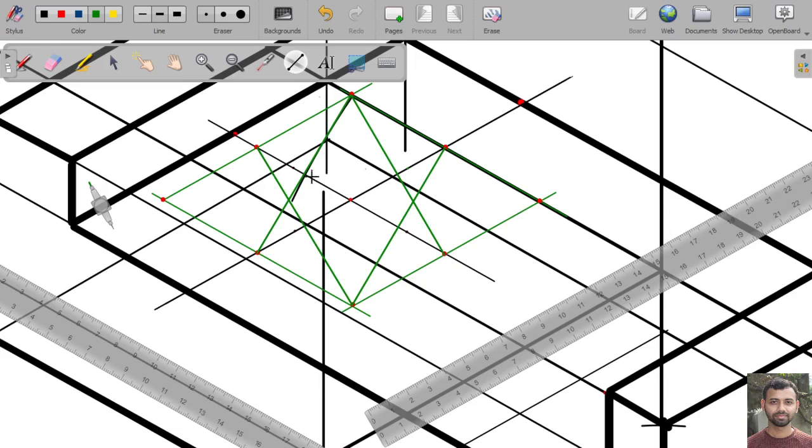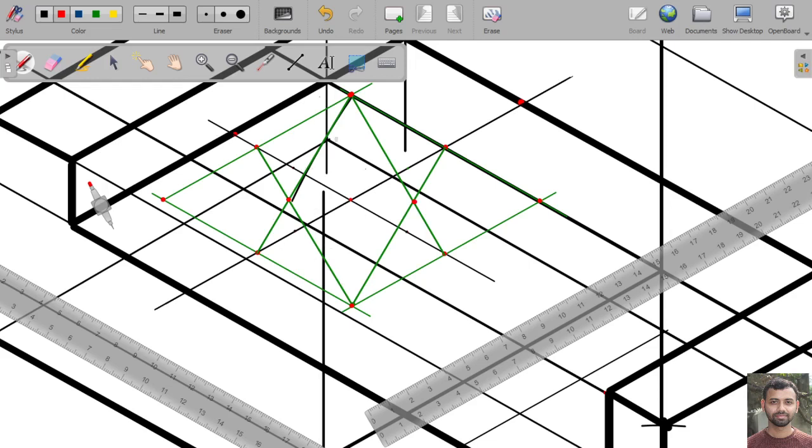This will give us four center points. This is already one center point, this is another center point, this one is another, and this is the fourth center point. So you can see there are four center points.